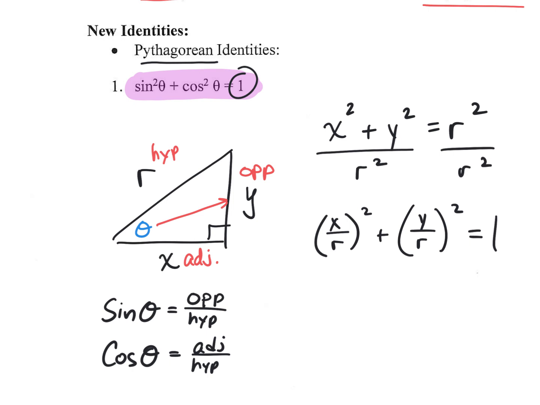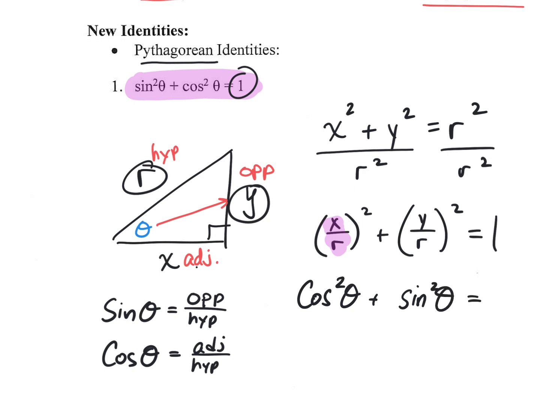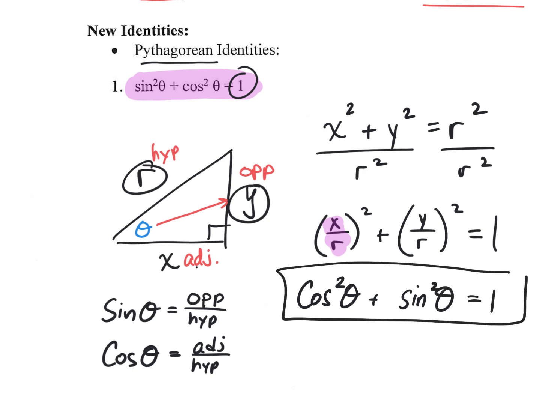So we can replace this quantity here, x over r. X over r is adjacent over hypotenuse. In other words, this is cosine squared theta. And then we can do the same thing with y over r. We can see here that y is our opposite side and r is our hypotenuse. So we can rewrite y over r squared as sine squared theta, and that all equals 1, and that's where we were going.